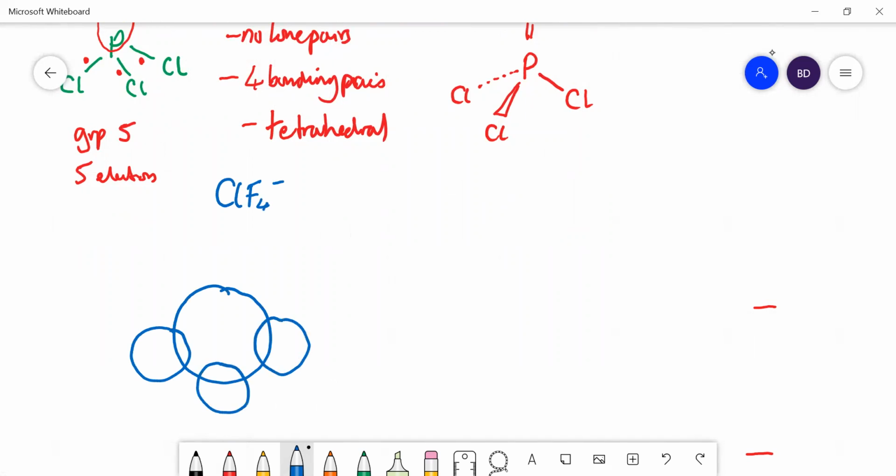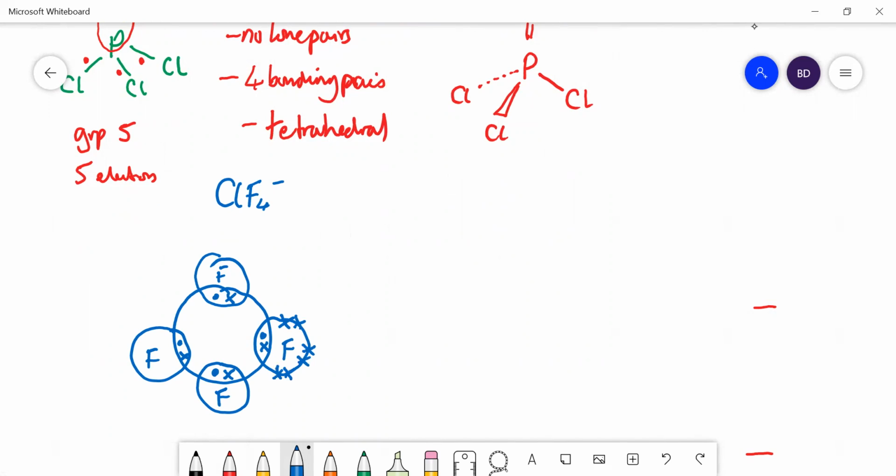This isn't part of the answer, this is just working out. You don't draw a dot cross diagram, but I'm going to just draw it. Now, chlorine is in group 7, so is fluorine. So you're going to have 4 single bonds here. I've only drawn the electrons of the chlorine, but each fluorine is going to have 3 lone pairs. Don't worry about that.